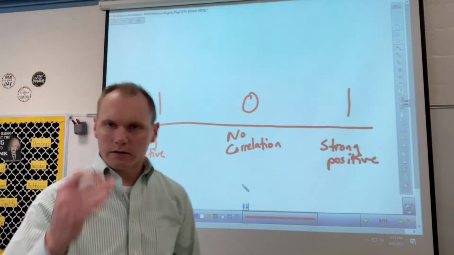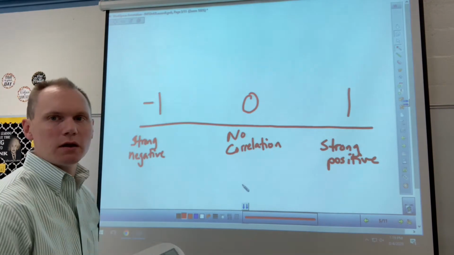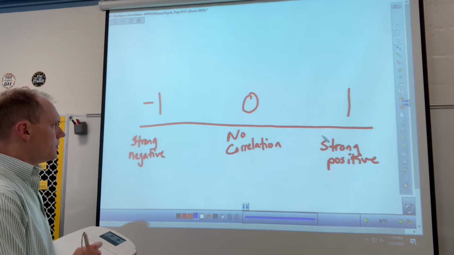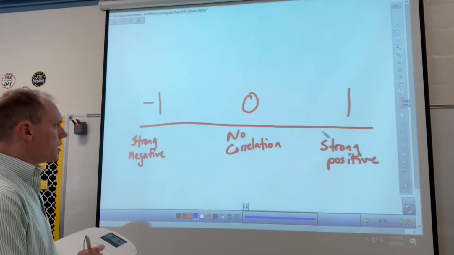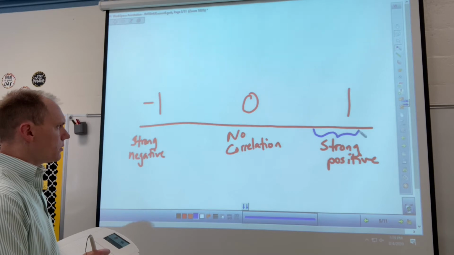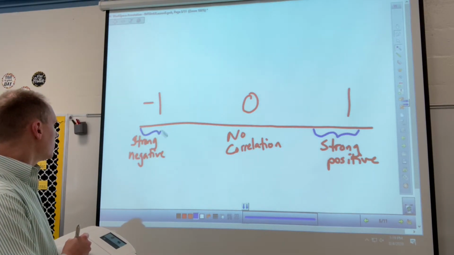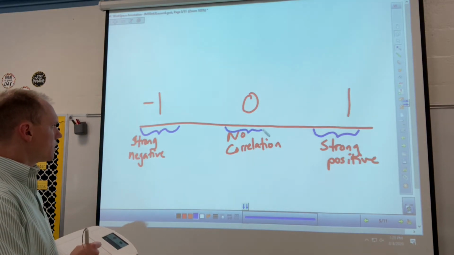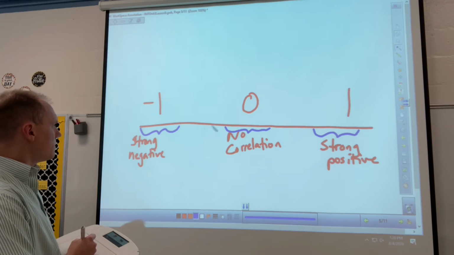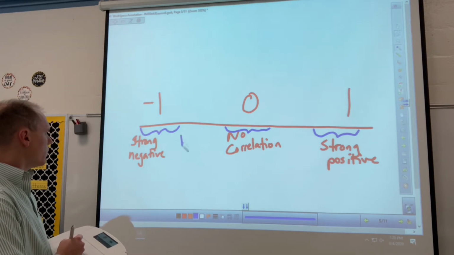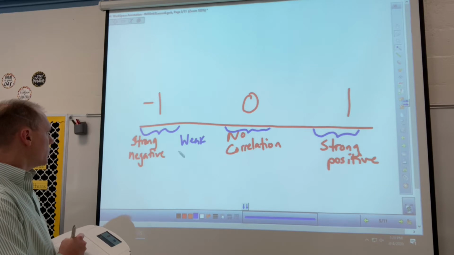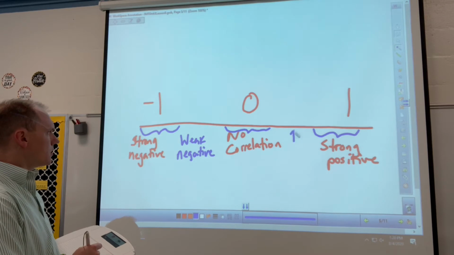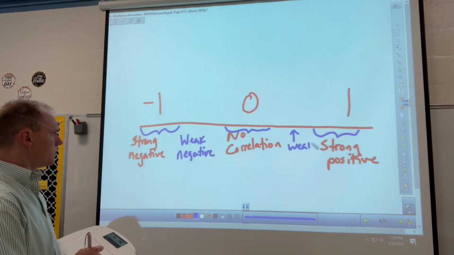There's not necessarily a strict cutoff to where these are separated, so just use your number sense and intuition through here. So strong positive, we might say, is in here all the way to 1, strong negative in here, and then no correlation is around 0. In between those, you might have a weak negative here, and then in here you would have a weak positive.